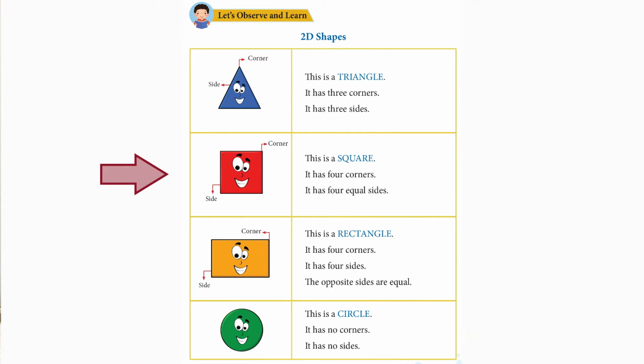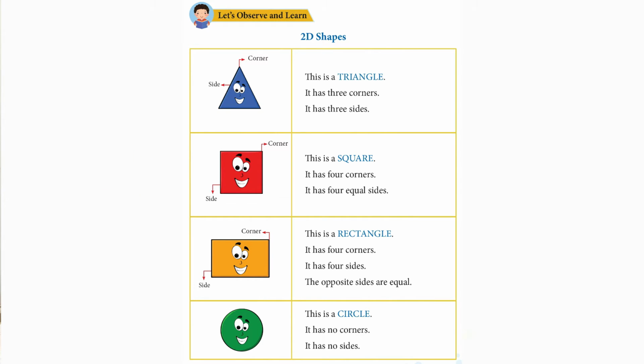It has 4 corners. So let's see where are the 4 corners. 1, 2, 3, 4. And it also has 4 equal sides. So which are the sides? 1, 2, 3, 4. So you can see the lines that are connecting two corners.